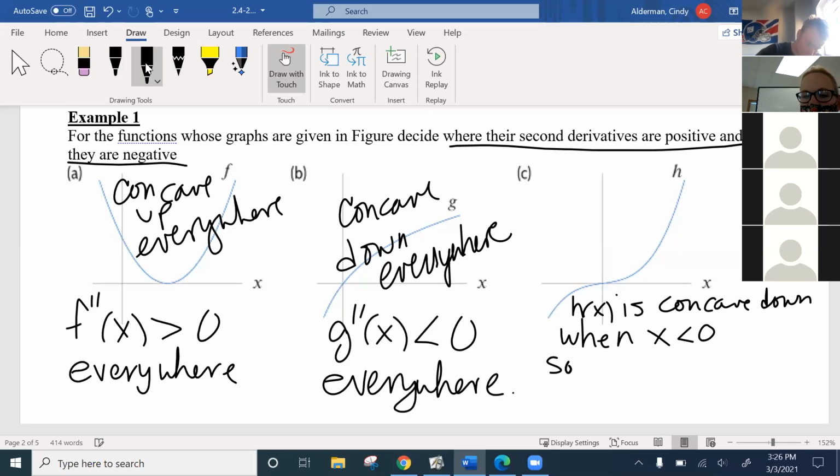So we can say that h double prime of x is less than 0 when x is less than 0.